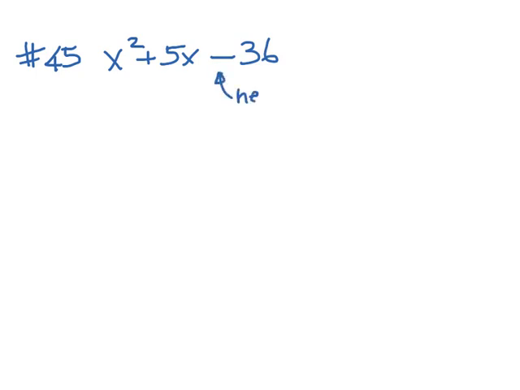Okay, let's do another one. Let's take a look at number 45. So I have here x squared plus 5x minus 36. Because the constant is negative, that means that my factors have different signs.